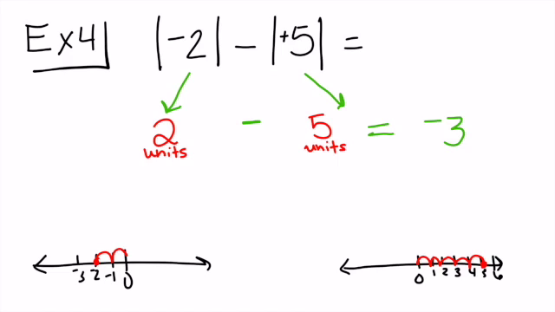If I have $2 and I owe someone $5, now I have negative $3. I still owe $3, so 2 minus 5. So you do the absolute values first, and then you subtract them like normal numbers. So your answer here would be -3.